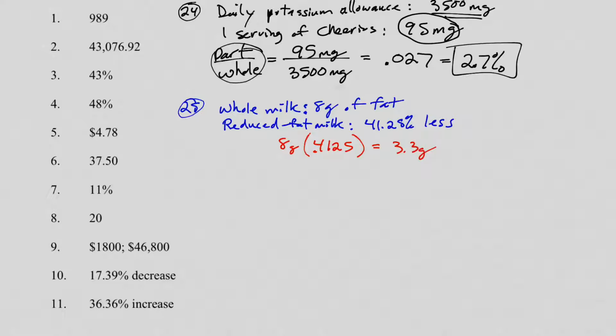So basically it's saying it has 3.3 grams less than the whole milk. So we got to take the whole milk, subtract the 3.3 grams, and we're going to get 4.7 grams is what the grams of fat that the reduced fat milk has. Okay, so that one's a 2-step problem. Step 1 and step 2.